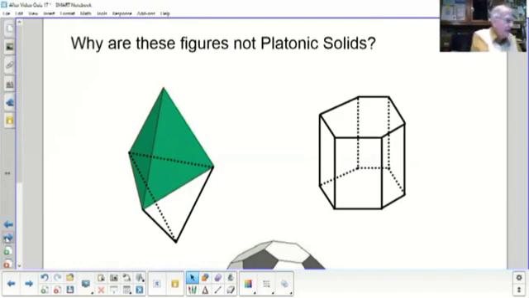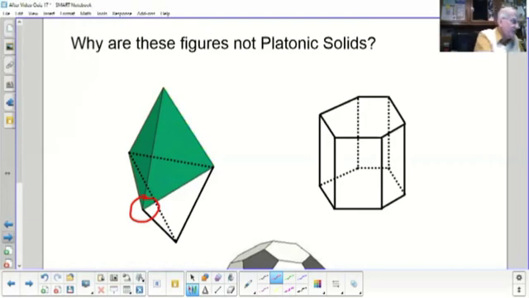if you notice from this vertex right here, that I'm putting this little box around, let me show that more carefully in red. Around this vertex right here, if you count the number of edges that go out from it, there are 4. However, if you look at this vertex back here, there are only how many edges going out from it?